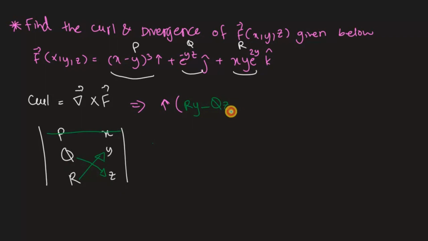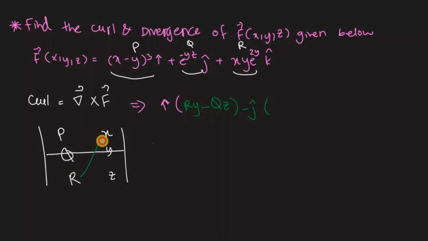Negative Q Z. Alright, now we are in the j direction, so you have to put a negative j. It's always going to be negative j. J direction means we are in the Y component, so we need to cross out the Y. And now let's do the same thing, working in the opposite direction of the determinant.